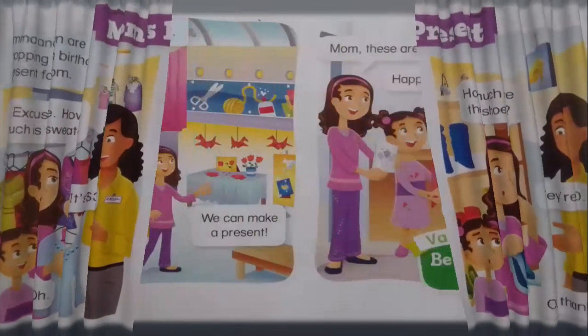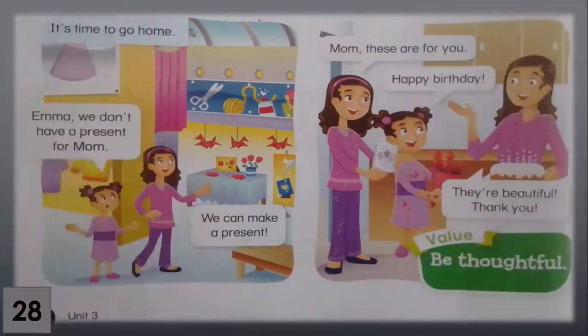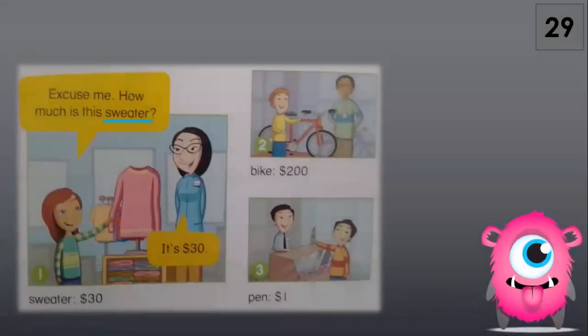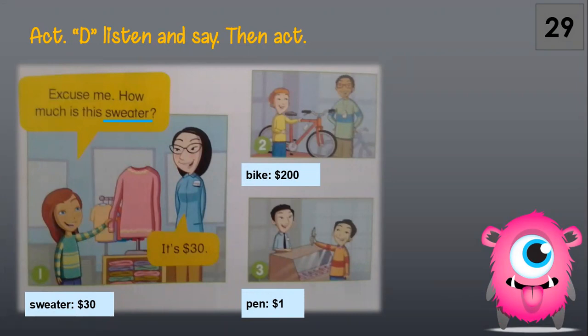Let's see this. Look here in this part. We are going to ask and answer here. Here we have, remember, excuse me. So if you want to ask someone, you should use this little expression. Excuse me.